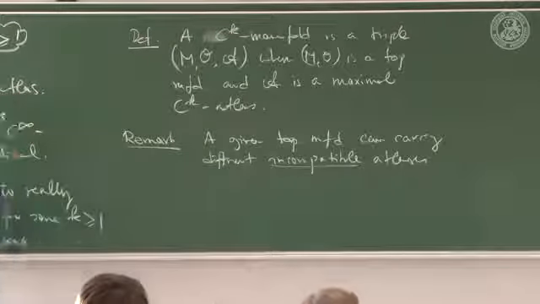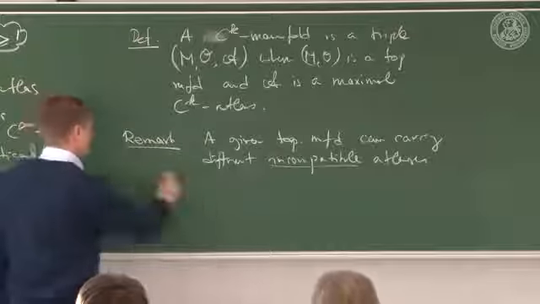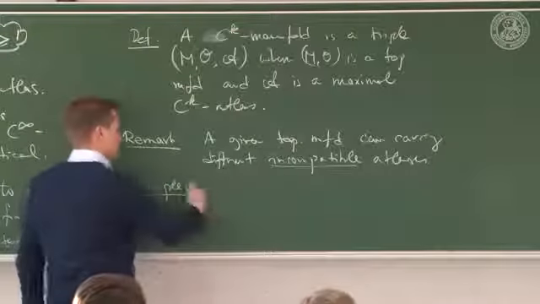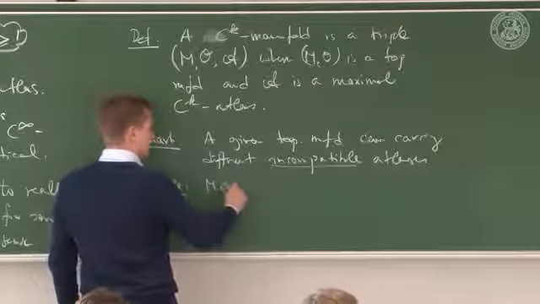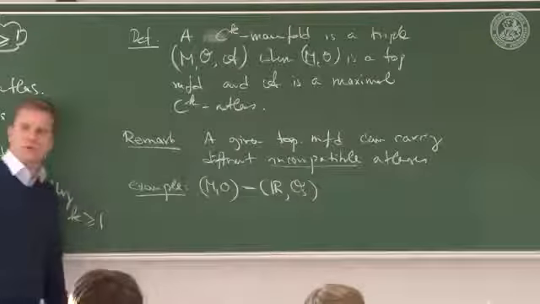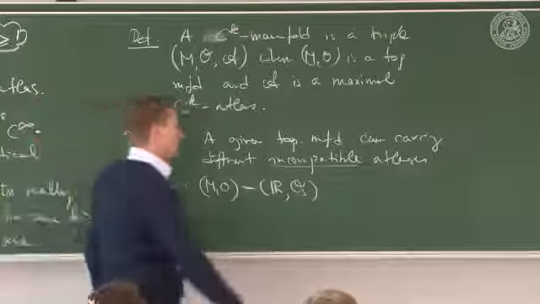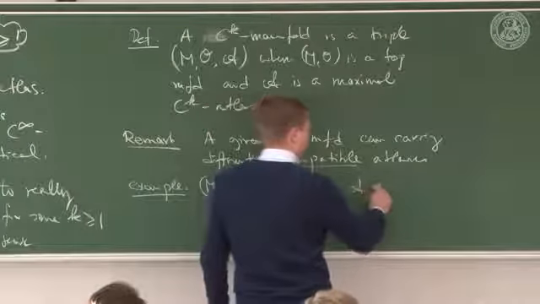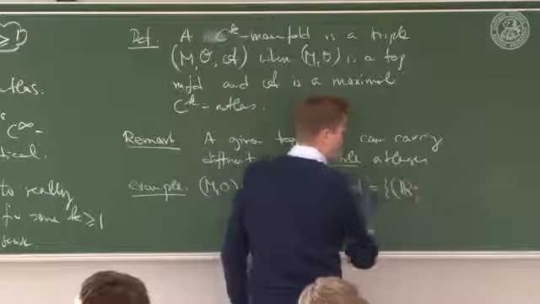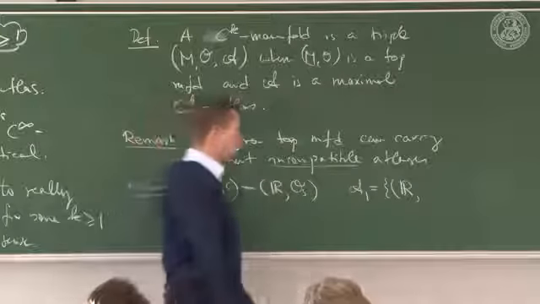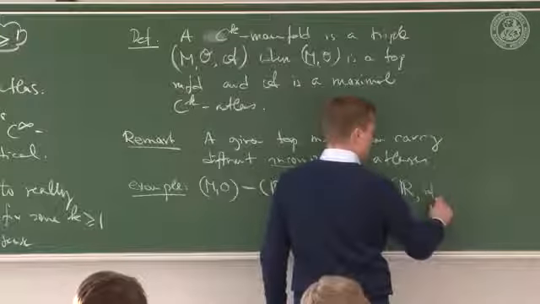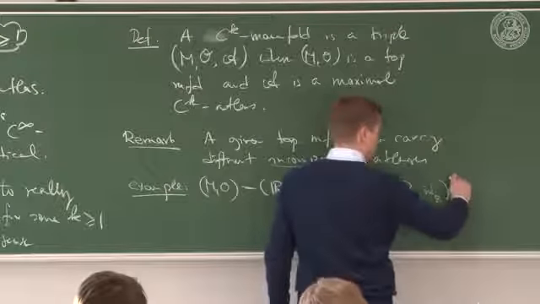But any given topological manifold can carry different incompatible atlases, and it's quite instructive to look at a very simple example. So for instance, we could consider as the underlying topological manifold the real line equipped with the standard topology, and then I could have atlas 1 consisting of only one chart, namely the chart where the entire R is covered, and the chart map x is the identity on R. We had this before.